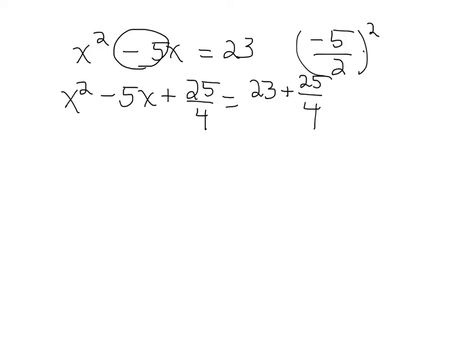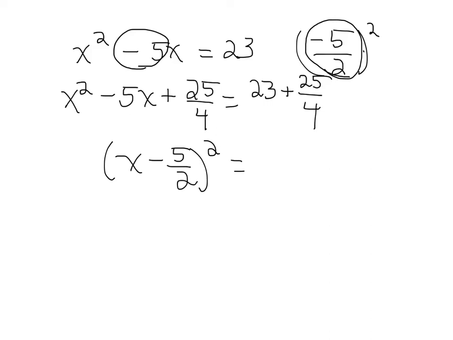I know that this is going to be x minus 5 over 2 squared, because that's this number that we use here. And 23 plus 25 fourths, I can think of this as a mixed number, and I can say 4 times 23 is 92, plus 25 is 117, so this is 117 over 4.